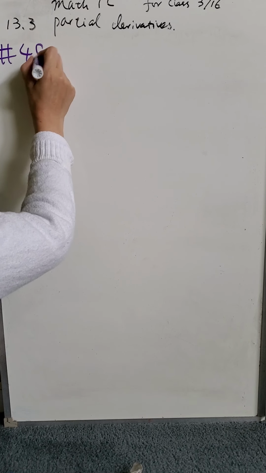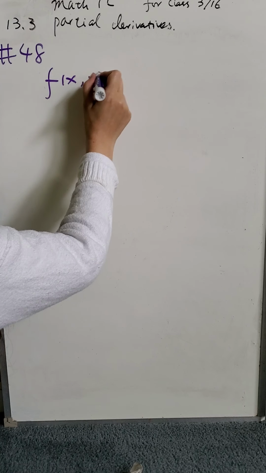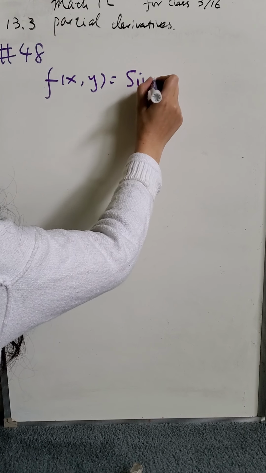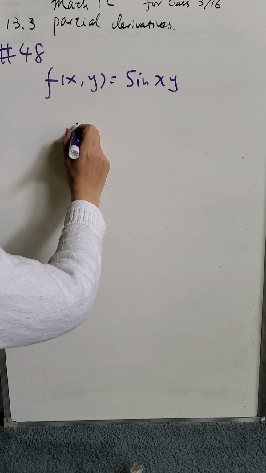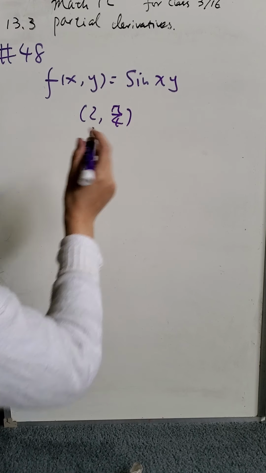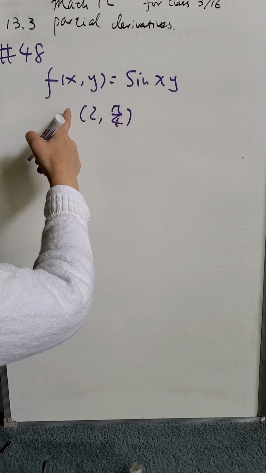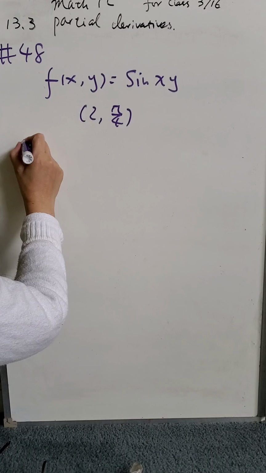Number 48, we have f(x,y) equal to sine xy, at the point (2, π/4). What we're going to do is get fx first.